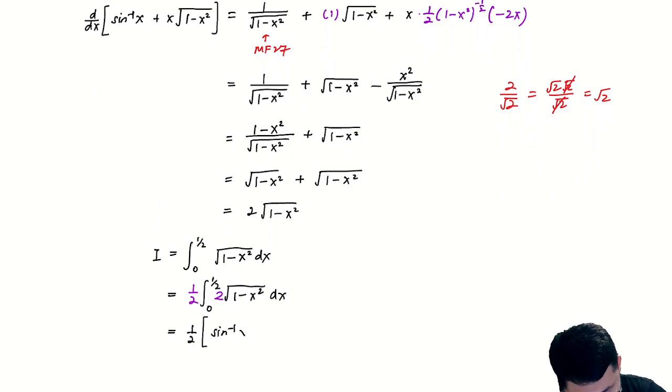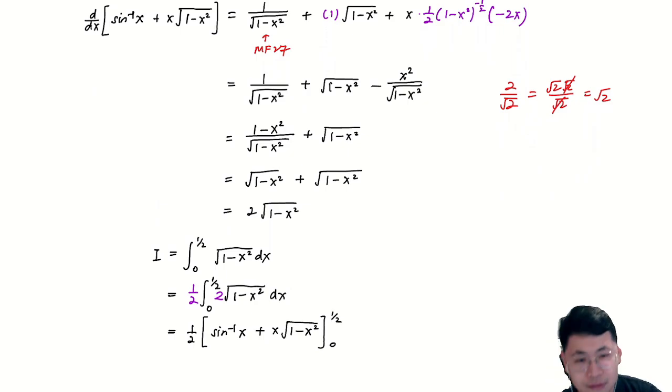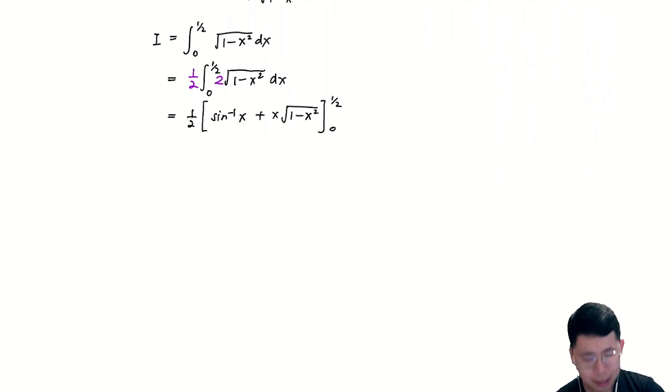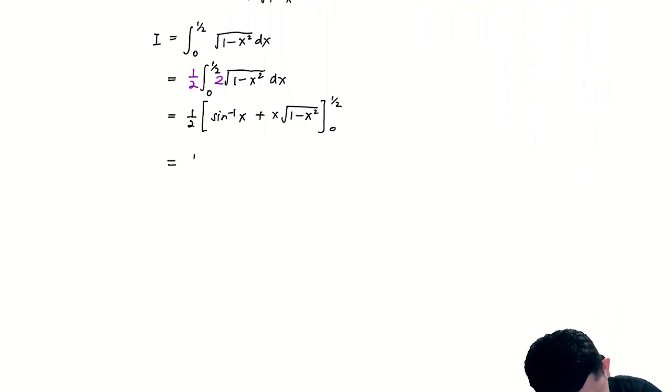Now let's try to integrate. Let's connect back. So this is sine inverse of x plus x times the square root of 1 minus x squared, whole thing from 0 to half. Let's evaluate this slowly, step by step. Let's put in the half first.